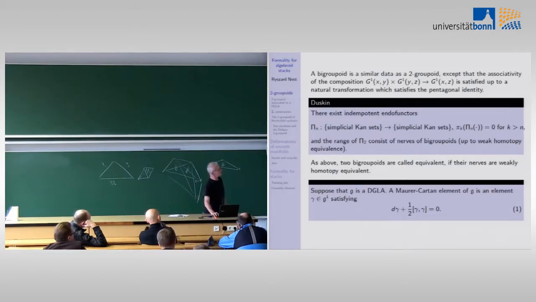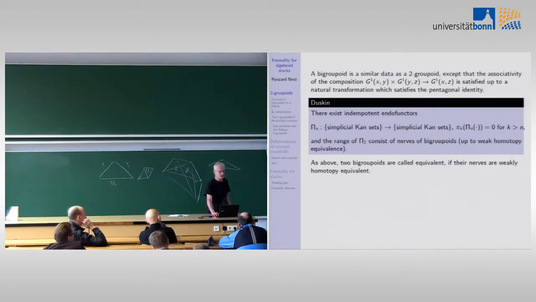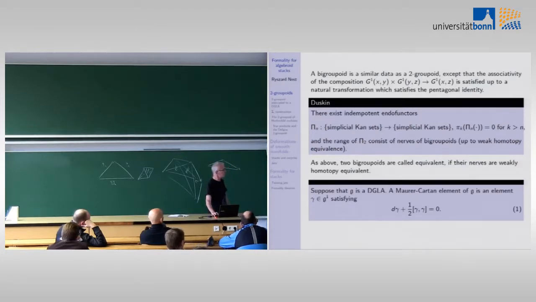Okay, so I will want to say something about equivalence of some more or less naturally occurring two-groupoids. So let's start with those. One of the major sources is deformation theory, differential graded Lie algebras and that stuff. So let's start there. Suppose that we have a differential graded Lie algebra.